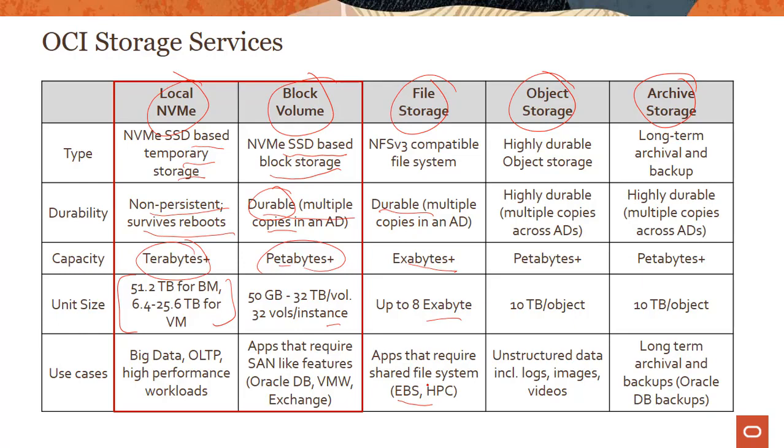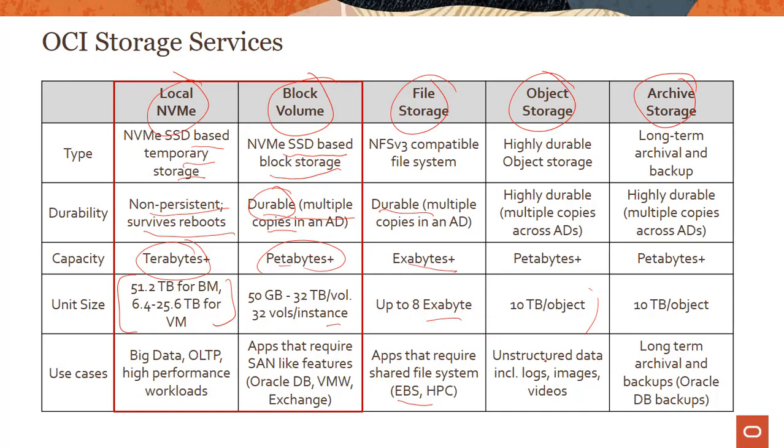And then the last two storage services you can think about as storage for the web. If you have a lot of unstructured data, you would store it in object storage. It's highly durable. We maintain multiple copies across the data centers in a multi-AD region. Capacity is petabytes, and you can see some of the numbers here.